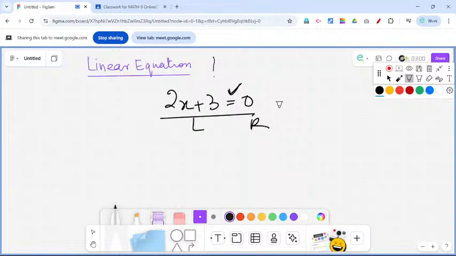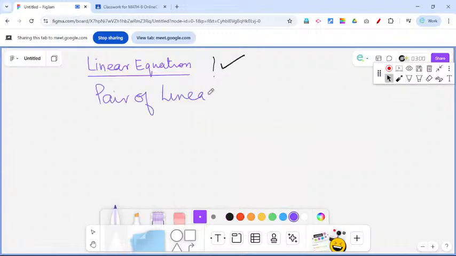Now after linear equation, we did pair of linear equations, if you remember. First we did linear equation, after that we did a pair of linear equations. Now I have to write linear equations because it is a pair, 2.